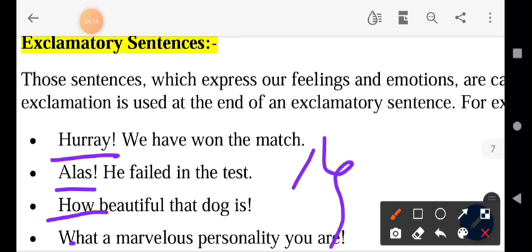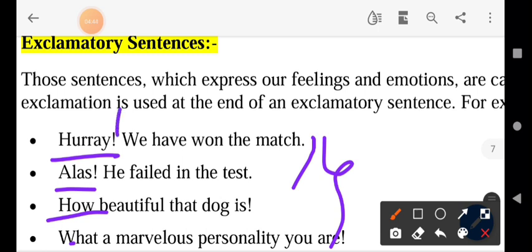Some exclamatory sentences have been started with interjection words: alas, hurrah, hooray, and alas, how and what. For example, hooray, we won the match.